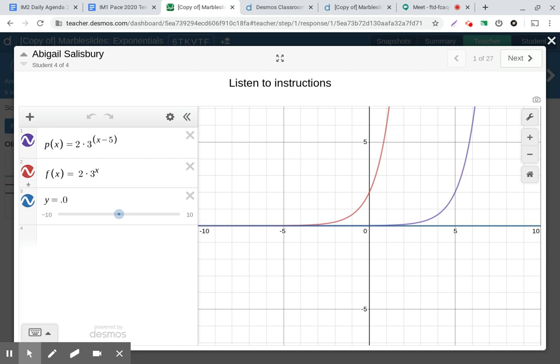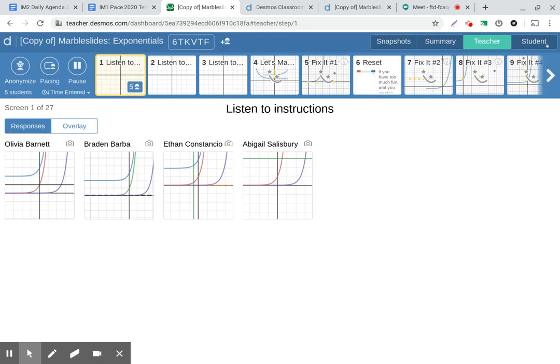Let's see what color we haven't used. Let's go green. And let's call it Miguel, M of x. I want 4 to the right. I forgot what I said. 3 to the right? I think so. Yeah, 3 to the right, 4 down.